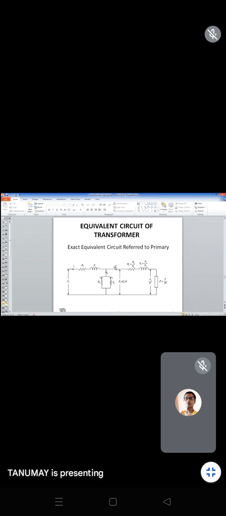Whenever this current flows through the secondary winding, there are similarly copper loss and magnetizing components, that is, the inductive reactance components. So this is called the equivalent circuit of the single phase transformer, and this is the exact equivalent circuit.